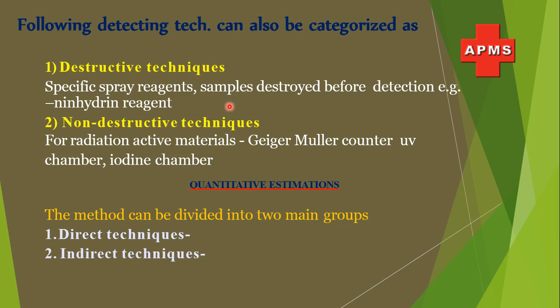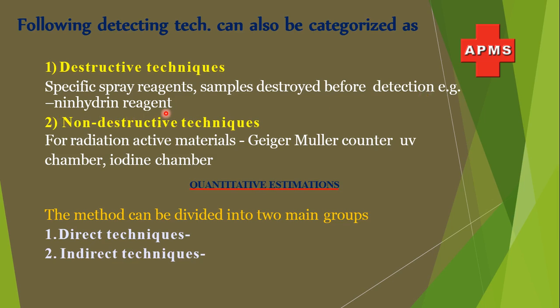Detecting techniques can also be characterized as destructive techniques and non-destructive techniques. In destructive techniques, our sample will be lost during the experiment, but in non-destructive techniques, we can recycle or again obtain our sample components. In destructive techniques, specific spray reagents destroy the sample before detection.